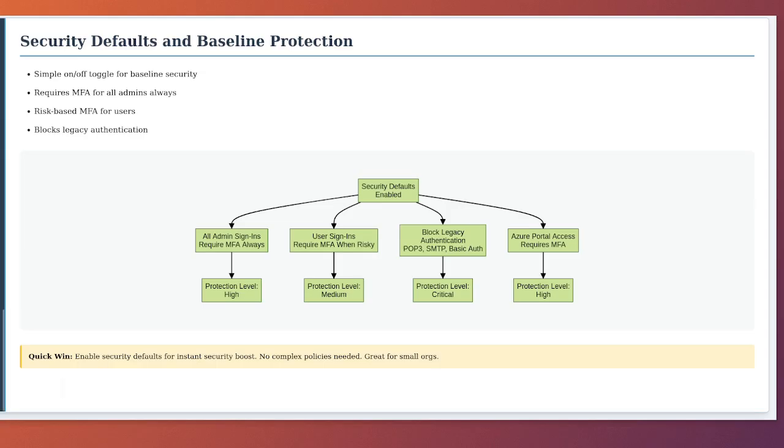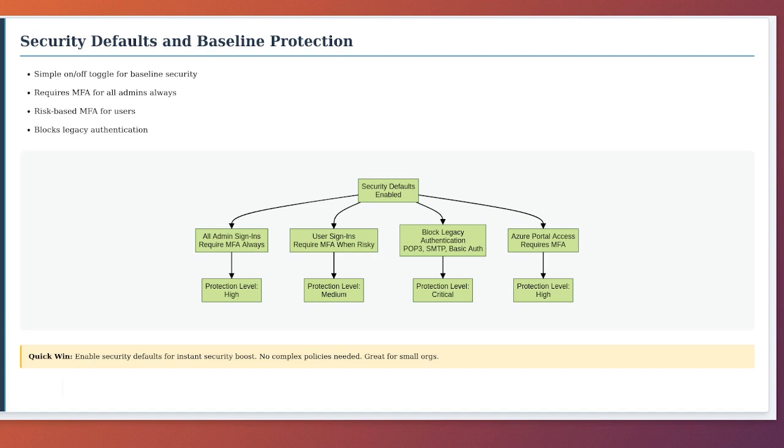The diagram shows how security defaults protect different aspects of authentication. At the top, all administrator sign-ins require multi-factor authentication every time, no matter where they are signing in from. For regular users, multi-factor authentication is required when risk is detected: unusual location, new device, or other suspicious indicators.